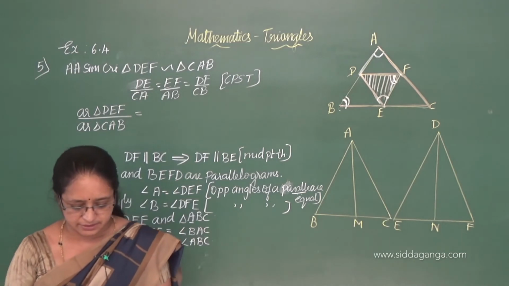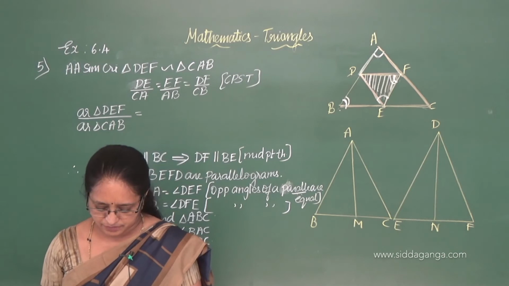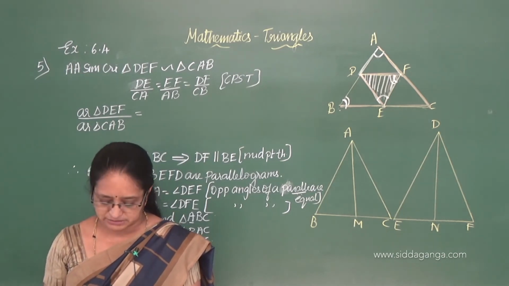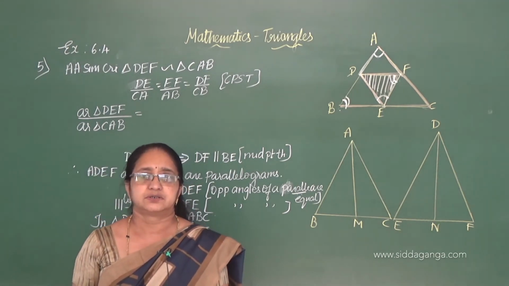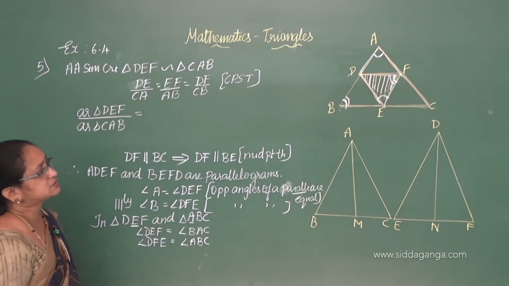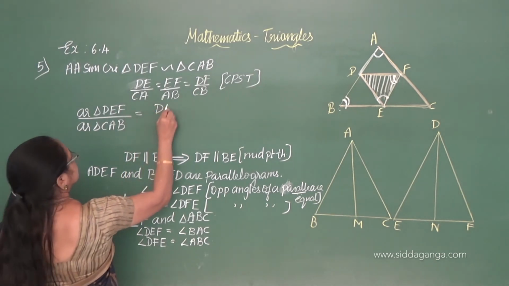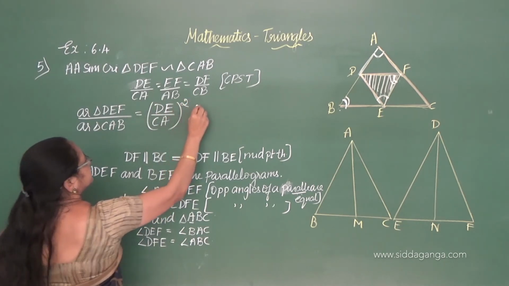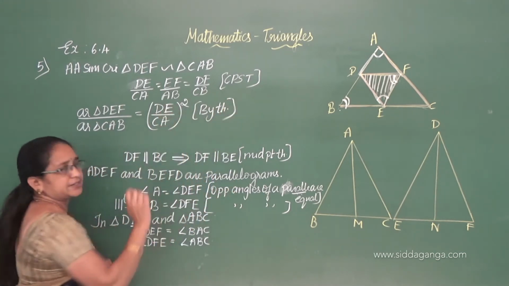The previous theorem, I hope you all have practiced this theorem, that is 6.6: the ratio of the areas of two similar triangles is equal to the square of the ratio of their corresponding sides. So now we will take DE by CA whole square. You all know this by theorem. I have taken only one side.